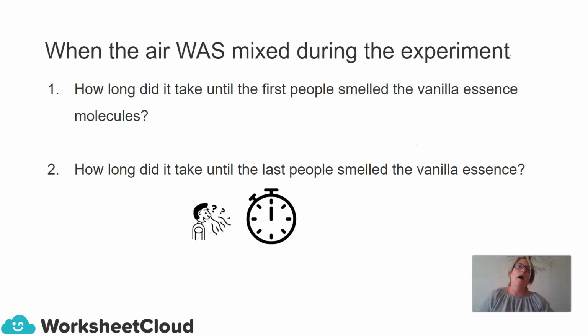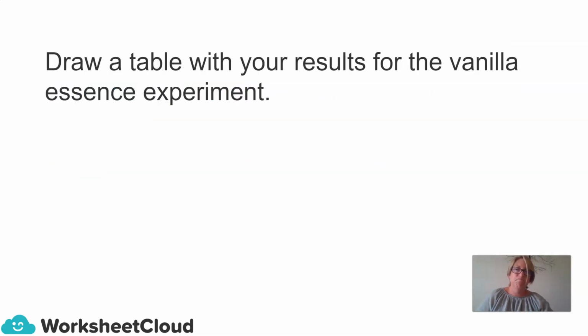So remember, how are you going to mix the air? Well, you're going to have to run around the room waving your arms. So what I'd like you to do is draw up a table with your results for the vanilla essence experiment.